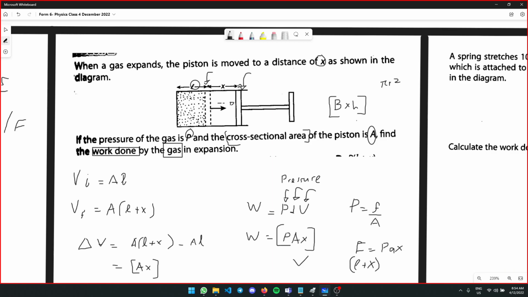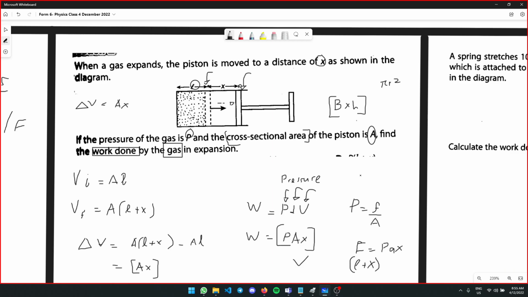You don't have to do all of these VI and VF. You can straightforwardly say work done, delta V is just AX, because you know from here to here is already X.